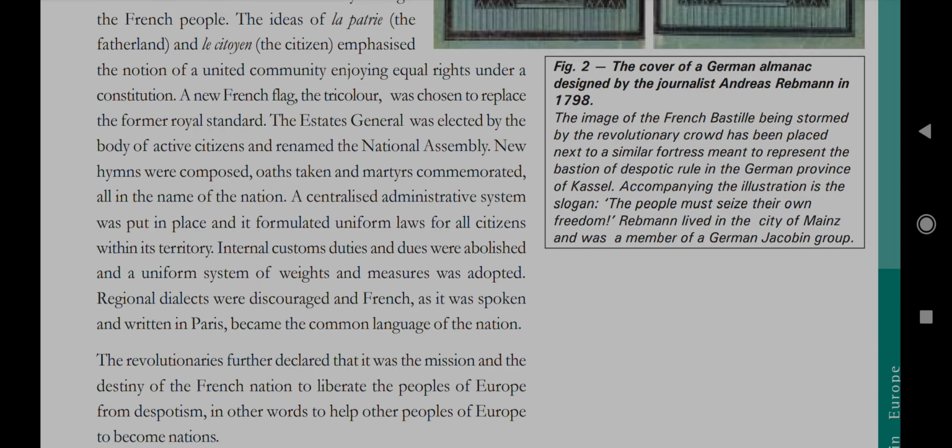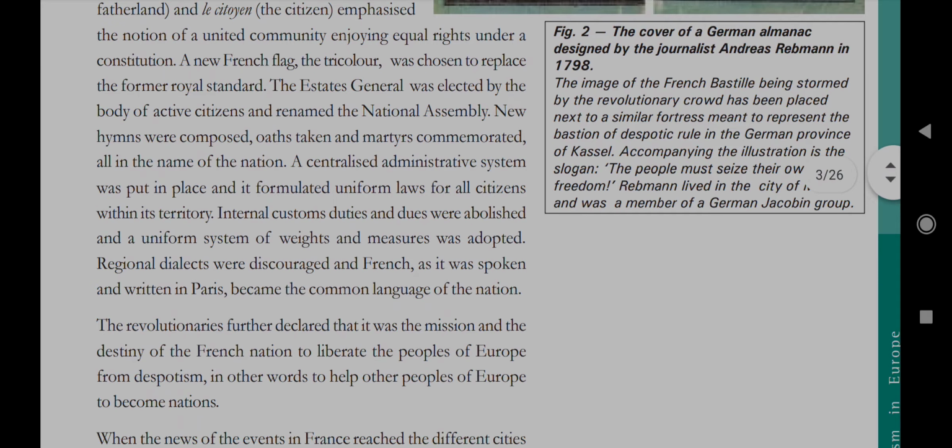Now how did they elect? By the body of active citizens. I think you might know active citizens were men above, I guess, 25, and the people who were paying tax. So that's what the active citizens included. So the Estates General were elected by the body of active citizens, and this was renamed as the National Assembly. So that's the third point of yours.